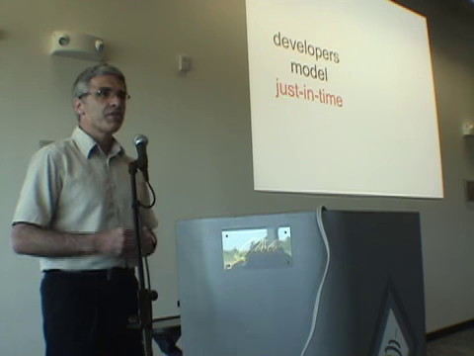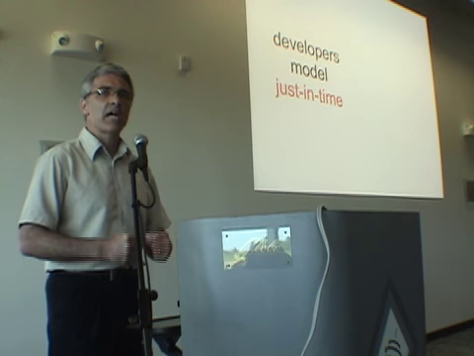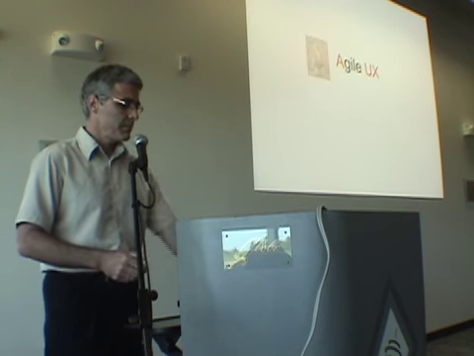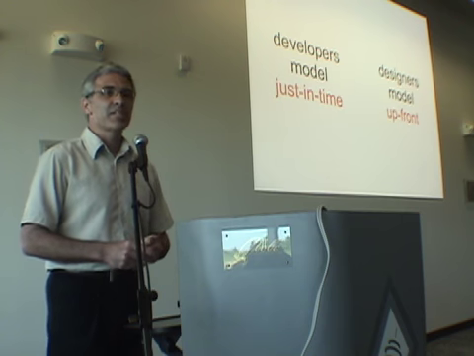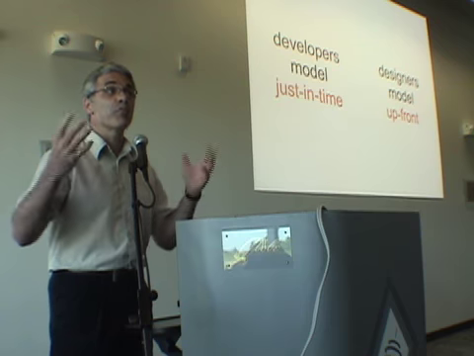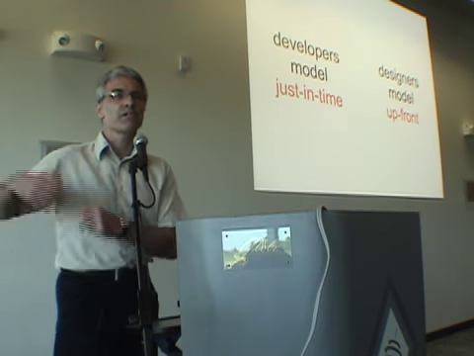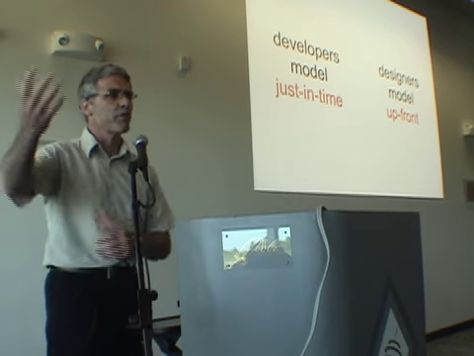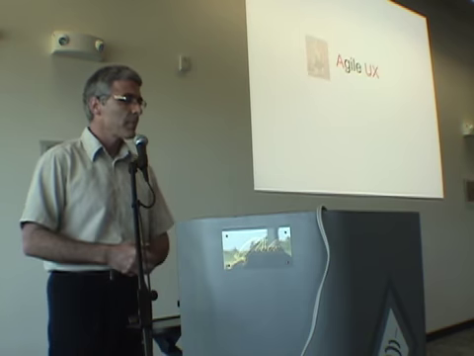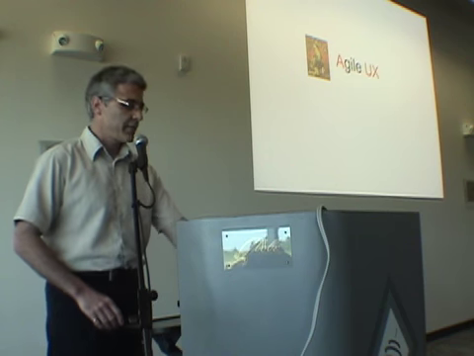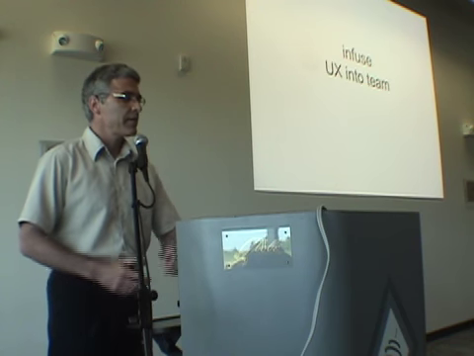Agile developers are used to just modeling and designing just in time. Interaction designers like to model up front. They like to have behavioral models and task models and make sure that the software doesn't start until we have a thorough understanding of how the user interacts with the system. So how can we bring those two things together? Well, I call that Agile UX.